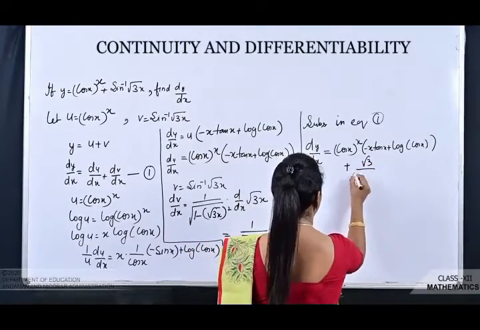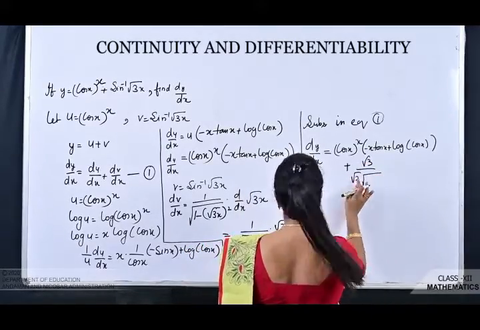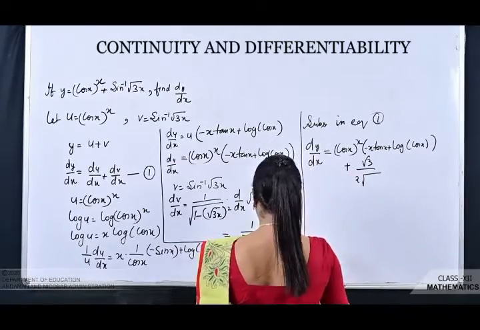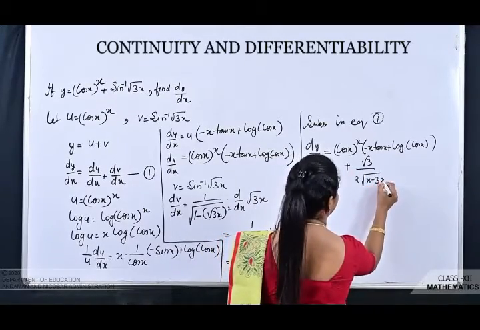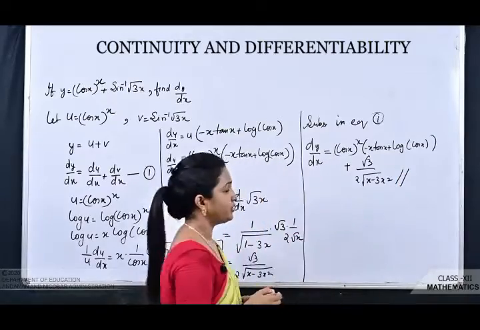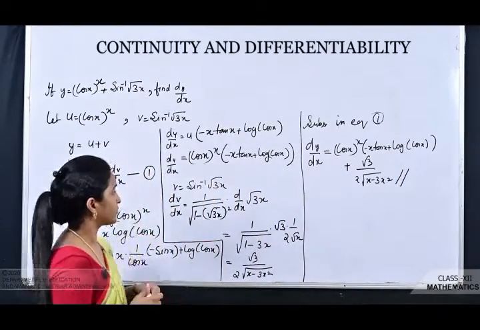Root 3 by 2 into root of x minus 3x square, and this is the answer for dy by dx. I think this question is clear to you.